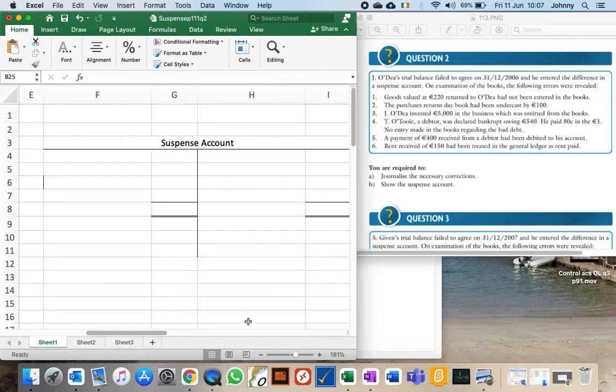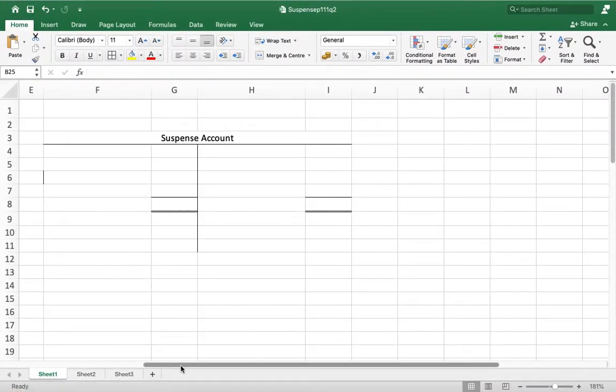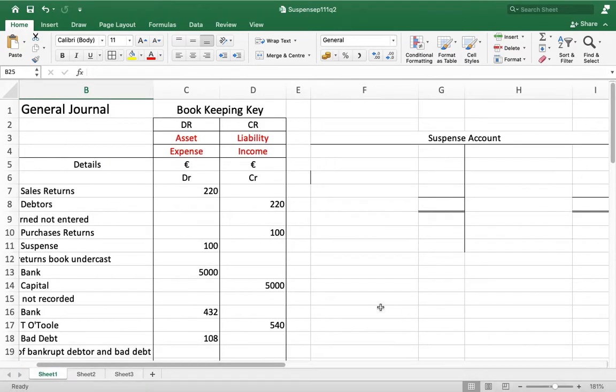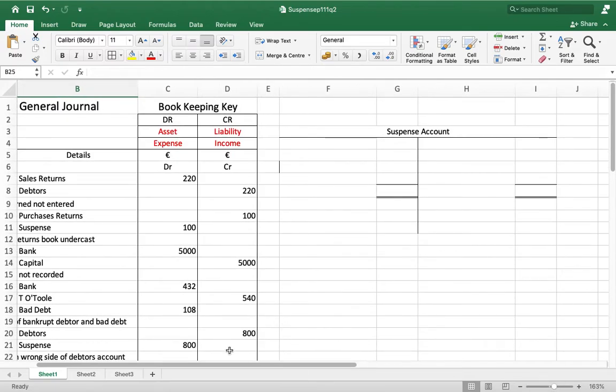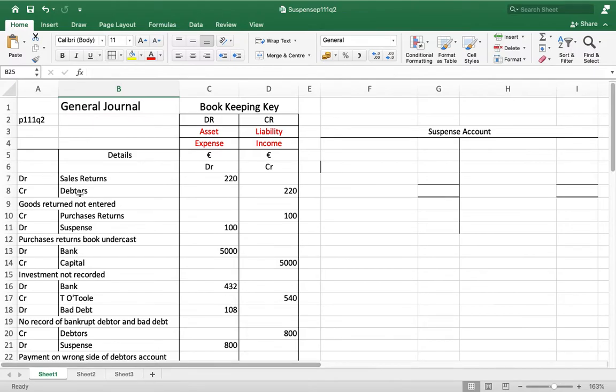Okay, so if I just expand out. Okay, let's go and have a look at all of the other accounts. So I'm starting at the beginning here, and I'm reading down through this, and I'm looking for anywhere that they mention suspense in the general journal. So first one, there's no suspense. There's a debit suspense, €100 for the second one, so I'm just going to put in €100, and the details for this were purchases returns, so I'll put purchases returns.